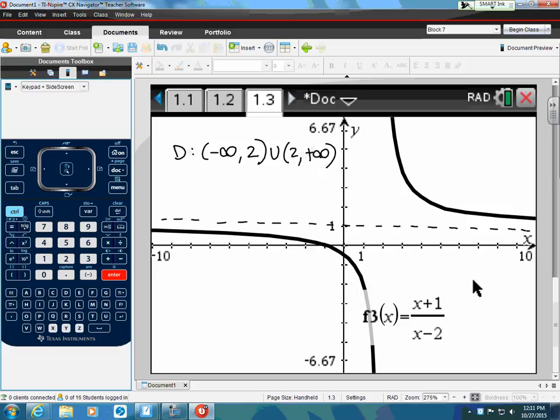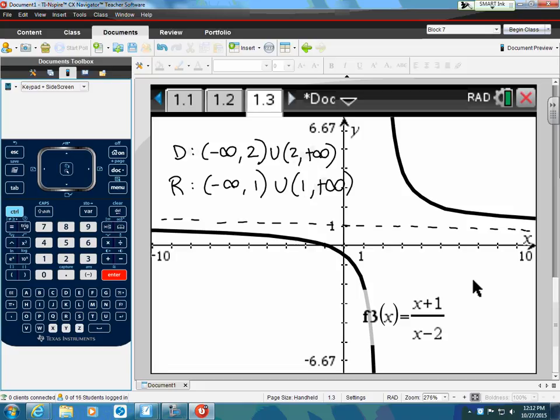We're going to learn about vertical asymptotes and horizontal asymptotes in section 2.6, but I think that it's impossible to get a 1 out of this function. Like, what would I plug in for x so that my numerator is actually equal to my denominator? Is that going to be possible? No. So I think that we're never going to get a height of 1 out of this function. So I would write that the range is going to be negative infinity to 1 union with 1 to positive infinity, which means all y is not equal to 1.